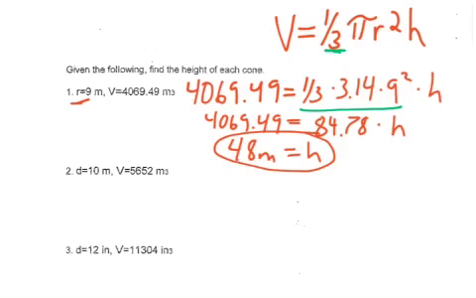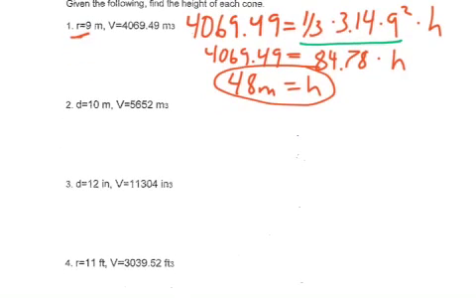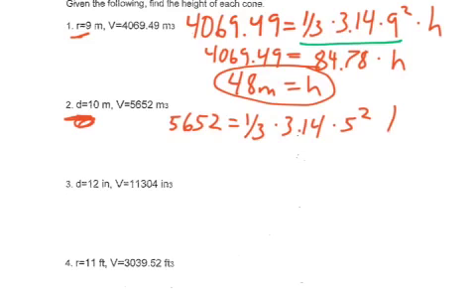Okay, and the last one we're going to do together is number 2. So let's write our volume down. Volume is 5,652 equals, again, our formula is 1/3 times pi, 3.14, times the radius. Now again, here they give us diameter. Don't be fooled. The diameter is 10, so therefore my radius is 5. So 5 squared times h. Multiply these three guys out.